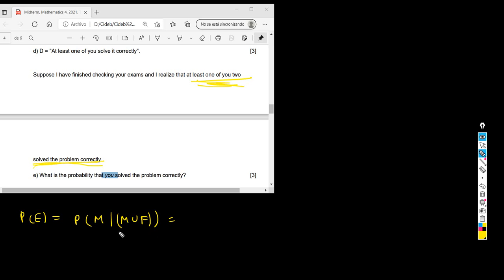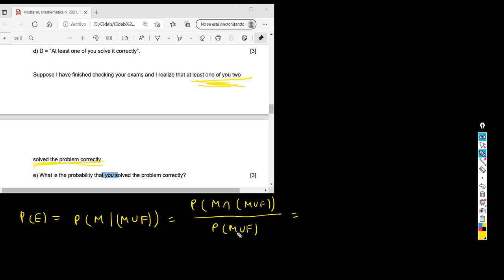And then I just stick to my formula: P of some event given some other event is equal to the probability of the first event intersection the second event over the probability of the second event, like this.